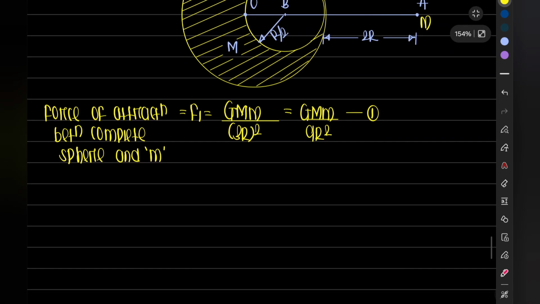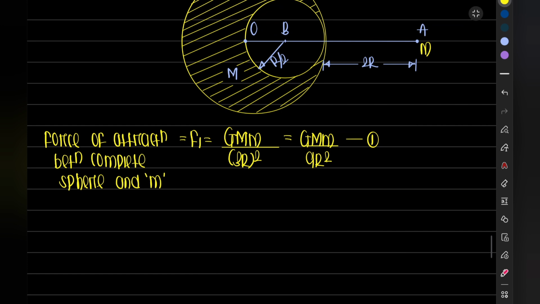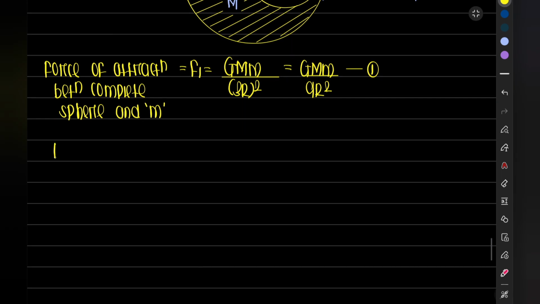For this, I first need the mass of the removed sphere. Let's try to find the mass of the removed sphere. I am going to name this as m dash.